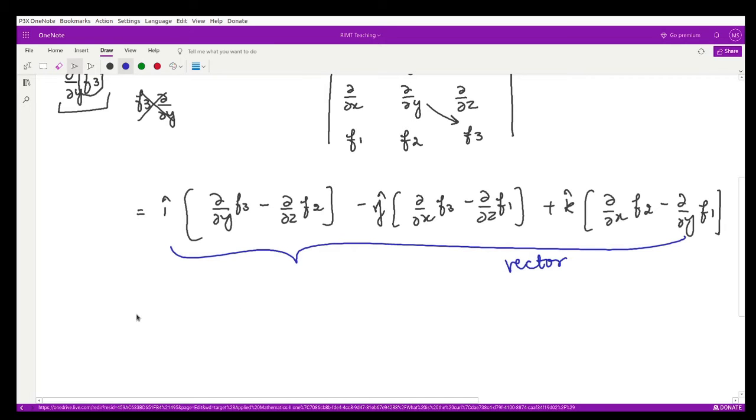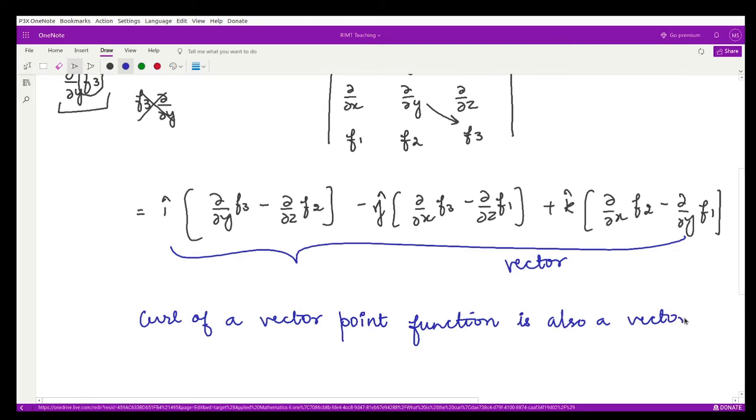So that means the curl of a vector point function is also a vector point function. This is to be noted here.